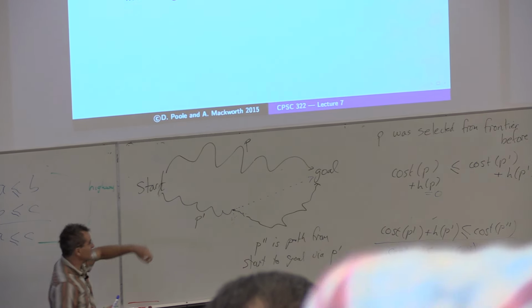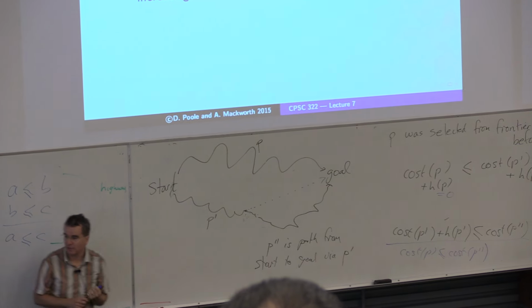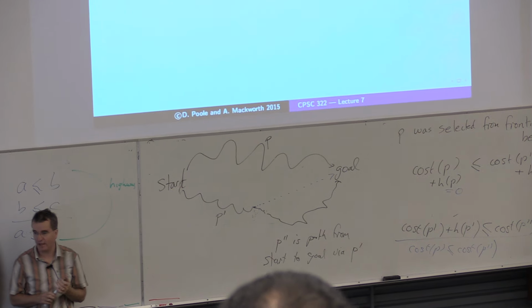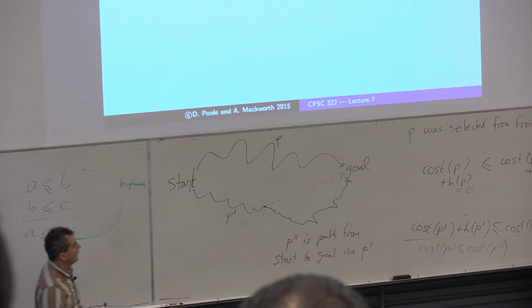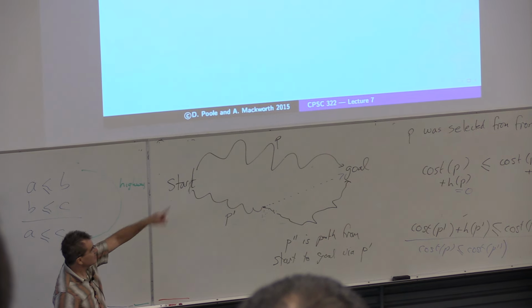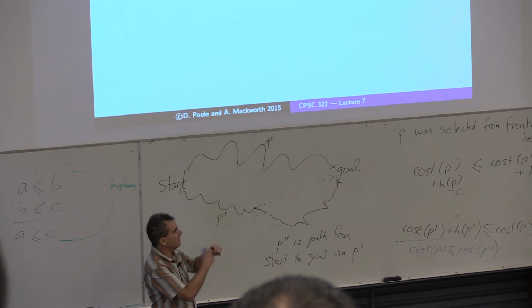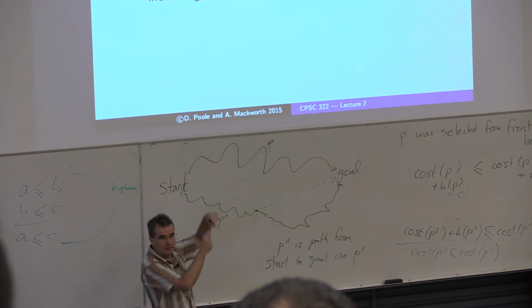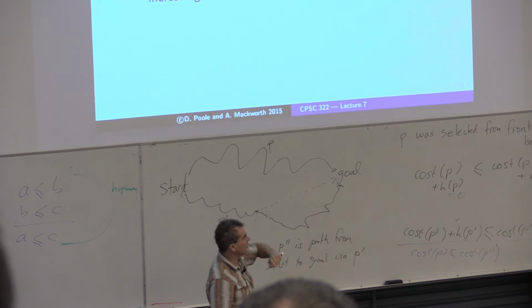If we choose a path to a goal, it's going to be the shortest one, but that doesn't show it's admissible. We also have to show that it always can find a solution. The idea is that the frontier always contains the initial part of a path to a goal before the goal is selected. So if there's a path to a goal, the frontier always contains the initial part of a path to the goal.